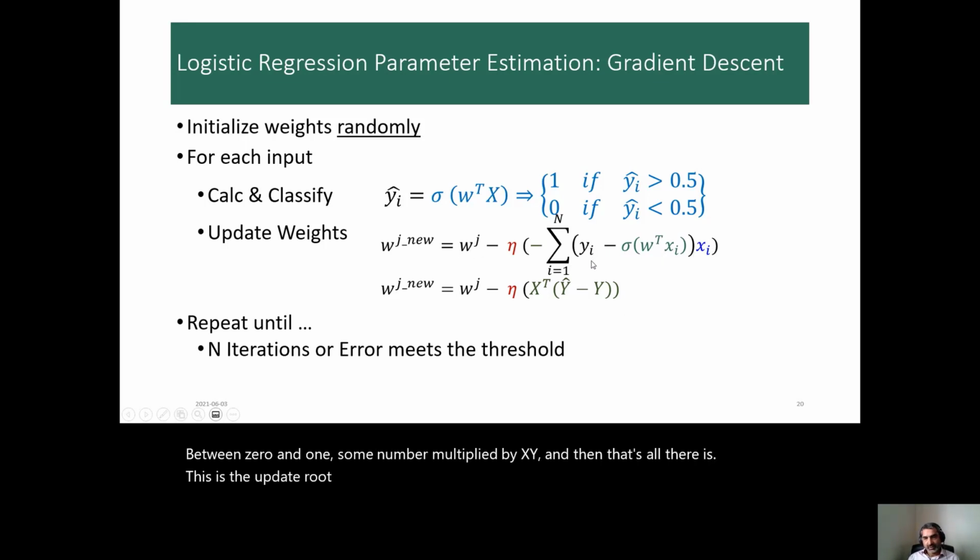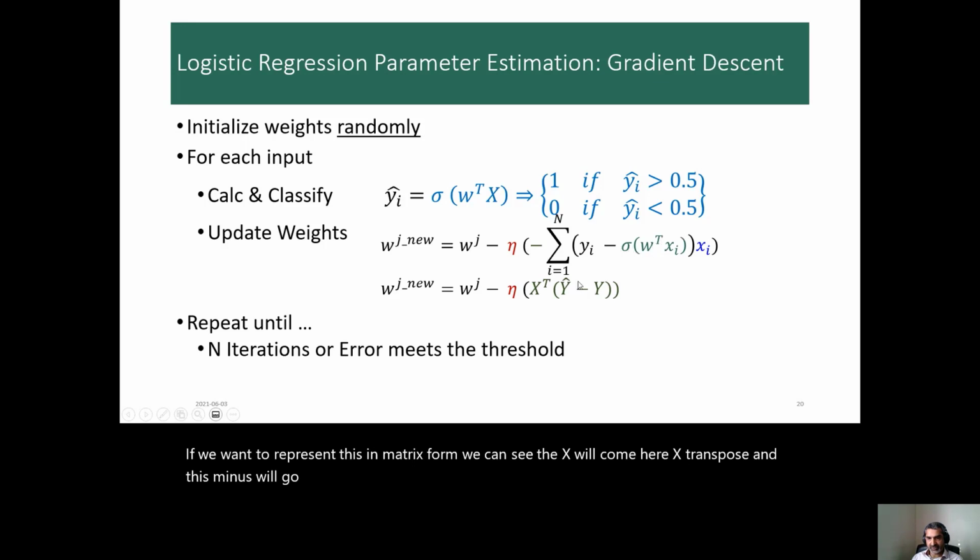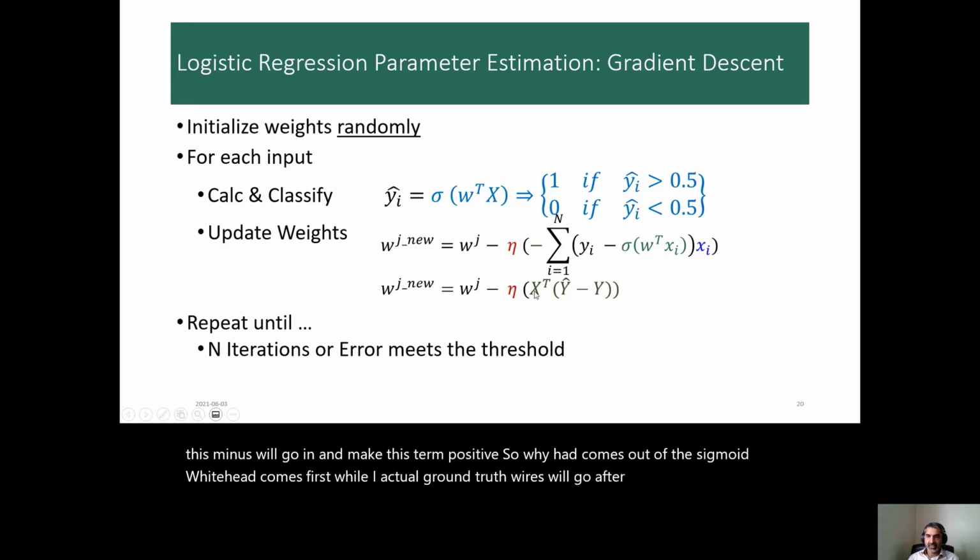And if we want to represent this in matrix form, we can say the x will come here, x transpose, and this minus will go in and make this term positive. So y hat comes out of the sigmoid, y hat comes first, the actual ground truth y will go after: x transpose (y hat minus y).